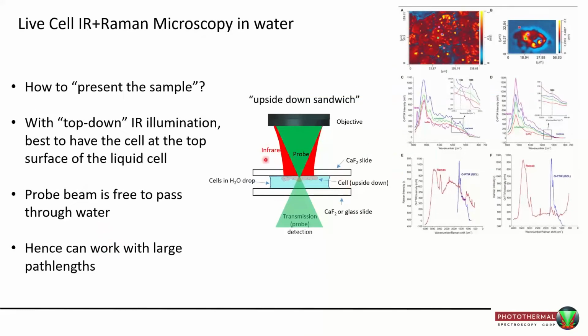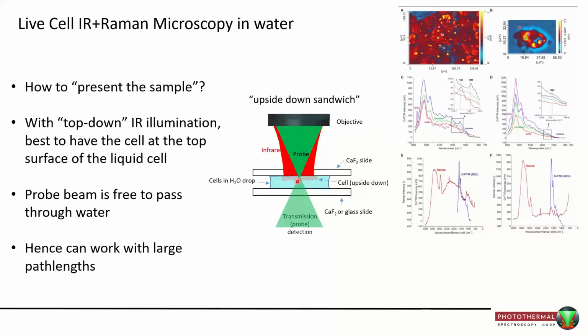And they took advantage of this upside-down sandwich approach, I call it, where the cell is actually grown onto a calcium fluoride substrate. It is merged with a lower substrate. And that lower one, in fact, can be glass or calcium fluoride. Actually, it doesn't matter as long as it's visibly transparent with a drop of water in between. And here the path length doesn't matter because the infrared beam interacts with the cell first before it's in contact with the water, so there's limited attenuation.